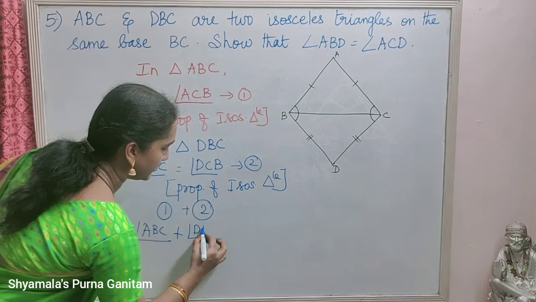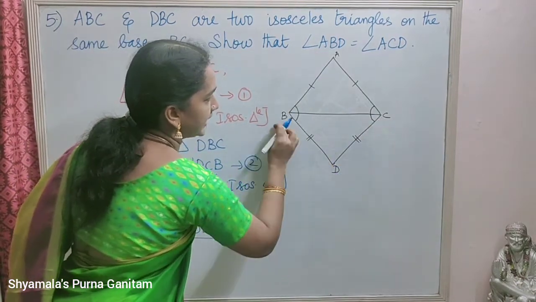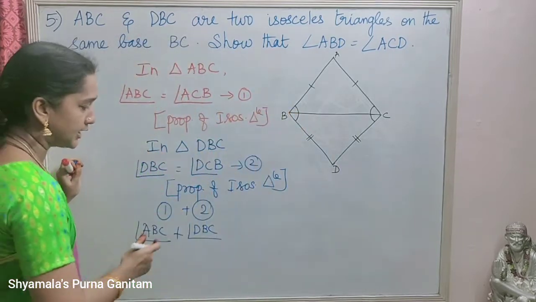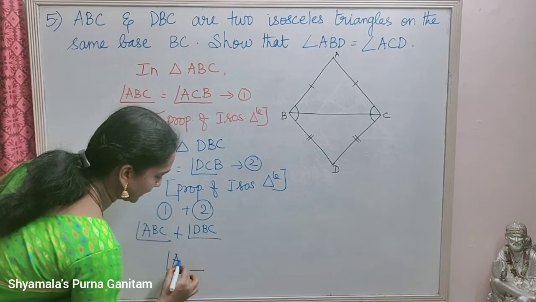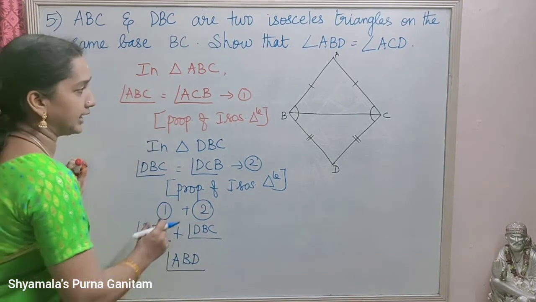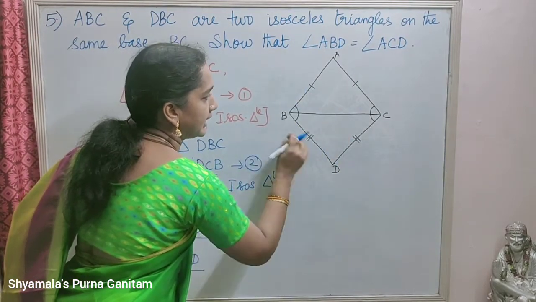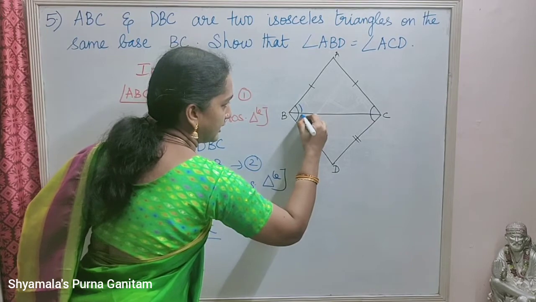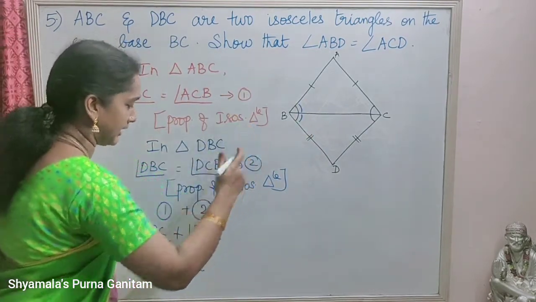If you add ABC and DBC, you will get the full angle ABD.